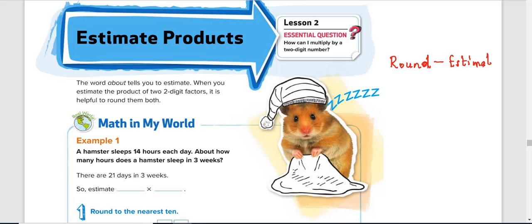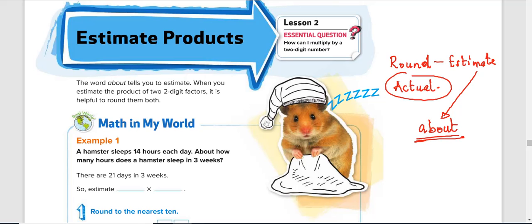Estimating helps you give an approximate answer, so you have an idea of what the actual answer is. Okay, so estimate product. Most often, when you see the word "about", then you have to round or estimate.